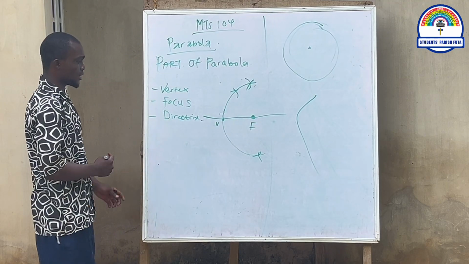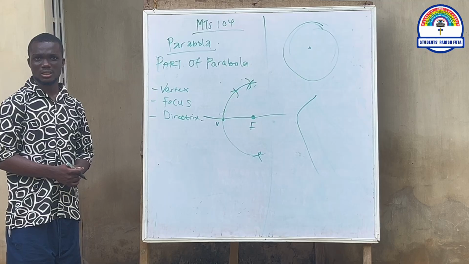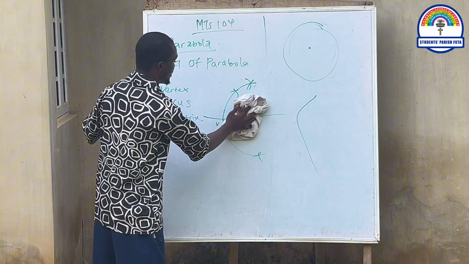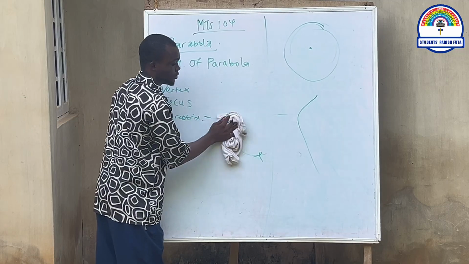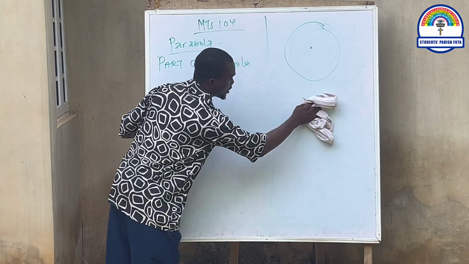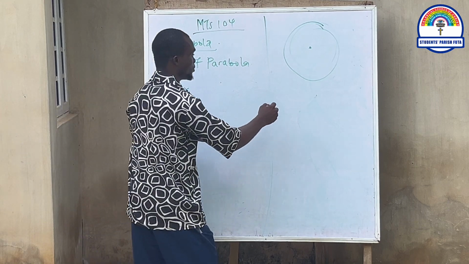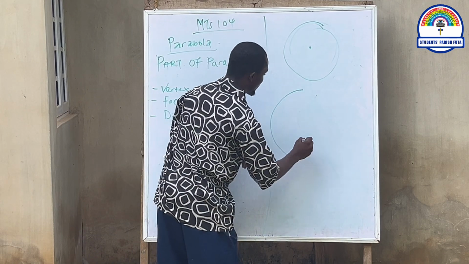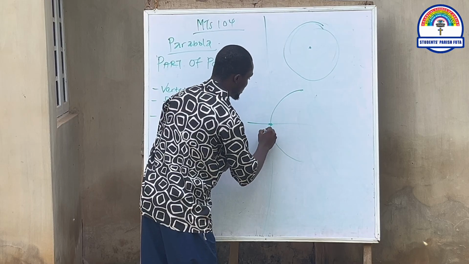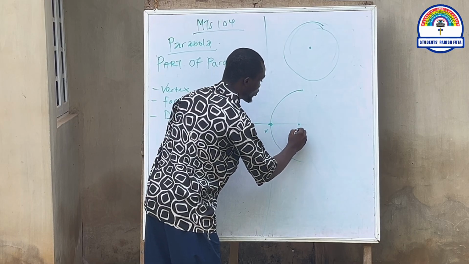Alright, so now let us check the directrix. Please pardon me as I clean this diagram to create proper space for us to understand the three parts. As we said earlier, this is our vertex, and this is the focus.